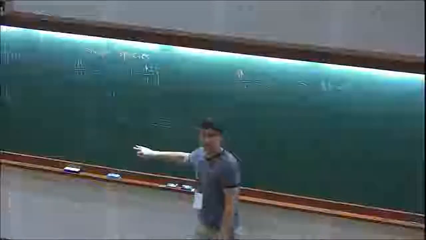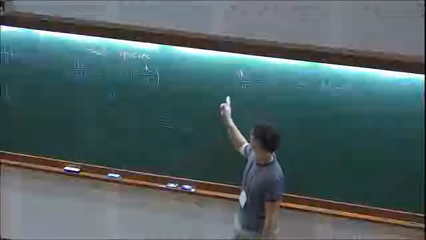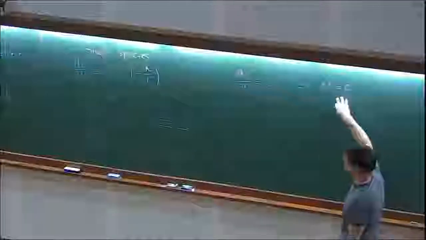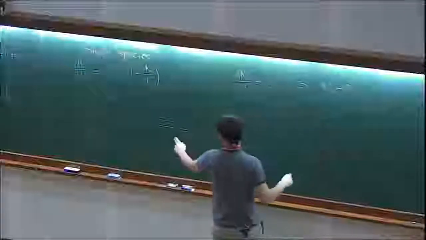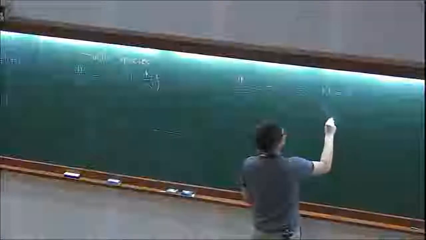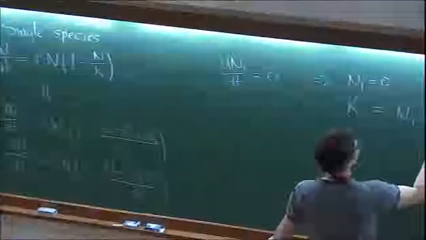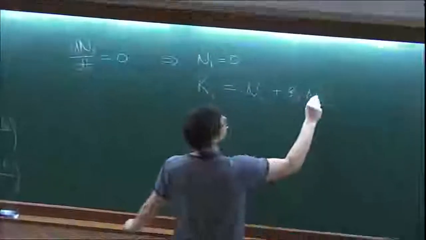All right, so to get to that, what we want to do is to first understand these isoclines. One condition is here. The other one is going to be the following. K1 is equal to N1 plus beta 1,2 N2.